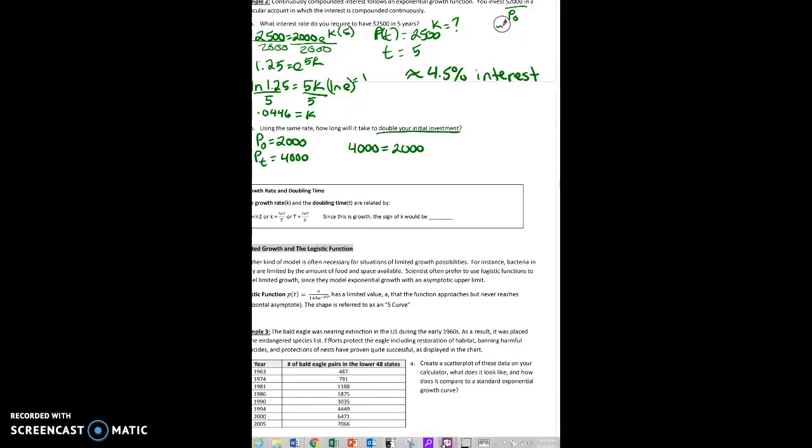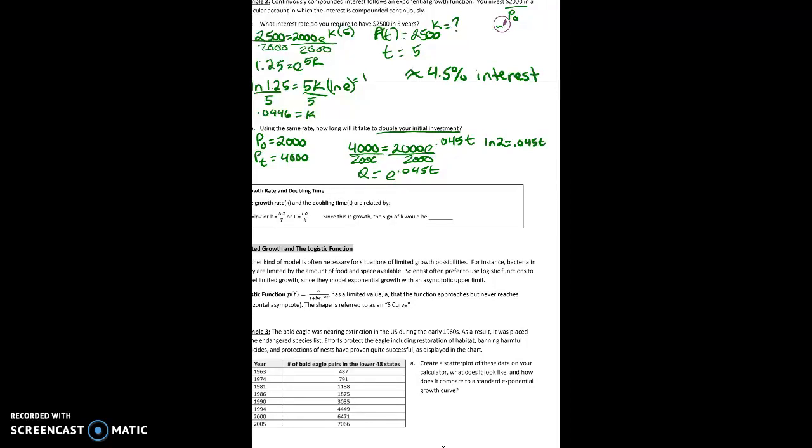Okay, so if we're using our same interest rate, this is e to the 0.045 t. So we're going to solve it. Divide by 2,000. Divide by 2,000. 2 equals e to the 0.045 t. We're going to take the natural log of both sides. We get the natural log of 2 equals 0.045 t.